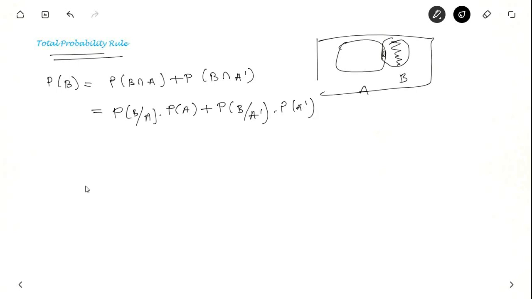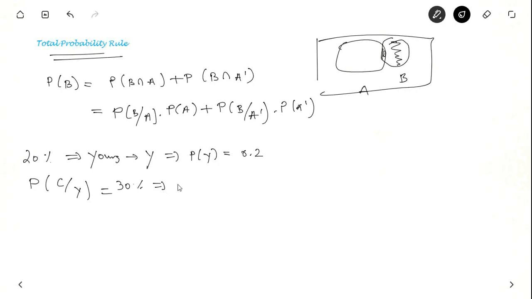Now let us take the same insurance claim and young drivers example. Let us say 20% are young drivers, denoted by Y, so the probability of Y equals 0.2. The insurance claim made if he is a young driver is 30%, which is 0.3.